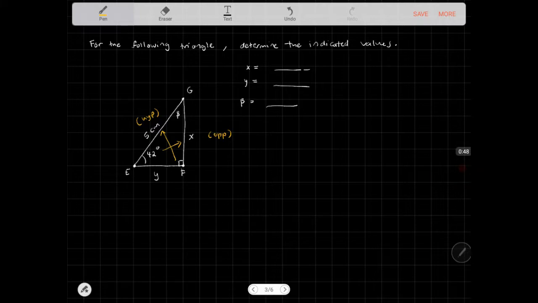We can solve for x by using the sine ratio because we have the opposite side and we have the hypotenuse. So you have 3 bits of information, and if you know 2 out of the 3, you can solve for the missing one, right? So sine 42 degrees is equal to the opposite side x over the hypotenuse, which is 5. In this case, x is equal to 5 times sine 42 degrees.